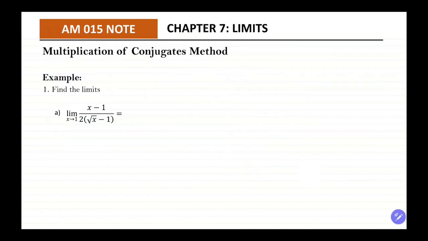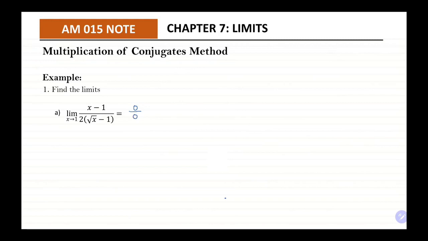Okay, now we continue with the multiplication of conjugates method. We go to example number 1. Find the limits. We have the limit as x approaches 1 of (x minus 1) divided by (2 minus root x). If I substitute x equals 1, we get 0 over 0. Okay, if we get 0 over 0, we need to factorize or conjugate.